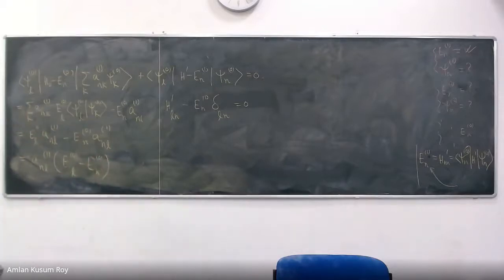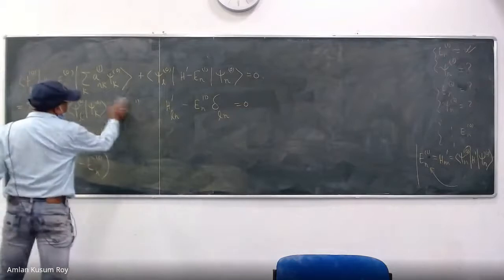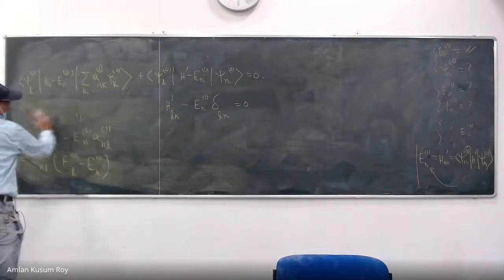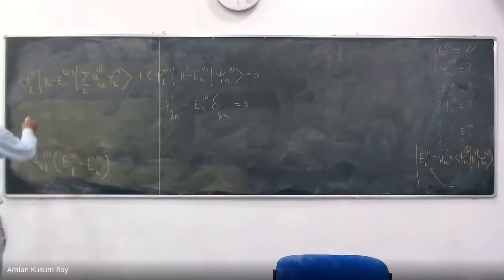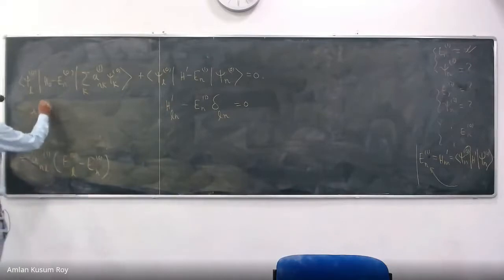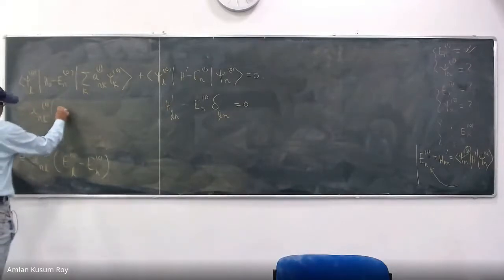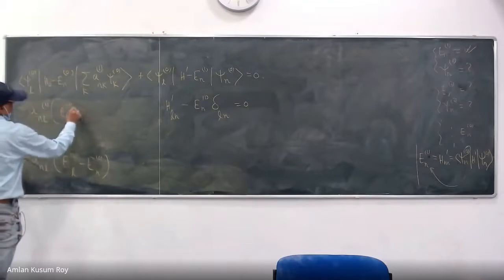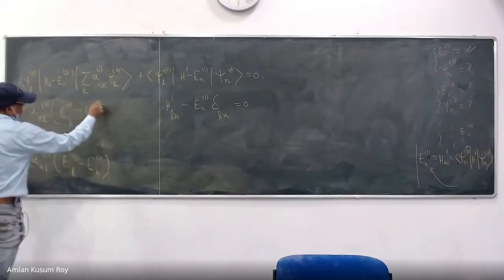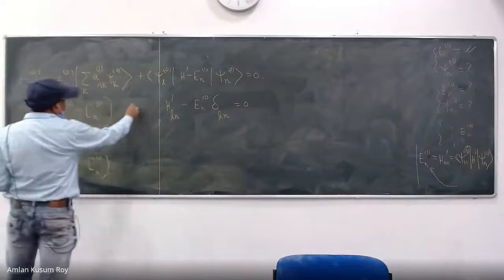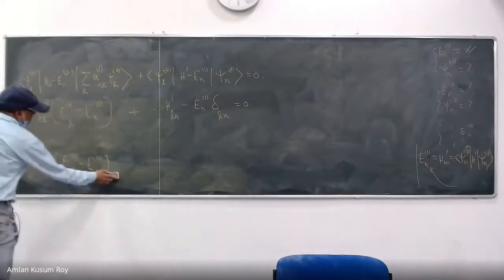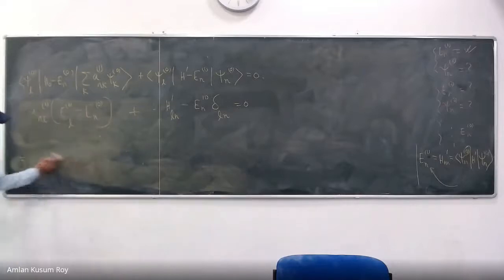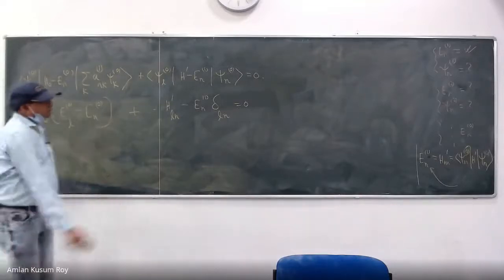Okay, so now I can put the whole stuff over here. So this becomes ANL1 EL0 minus EN0 and then plus this whole stuff. Okay.